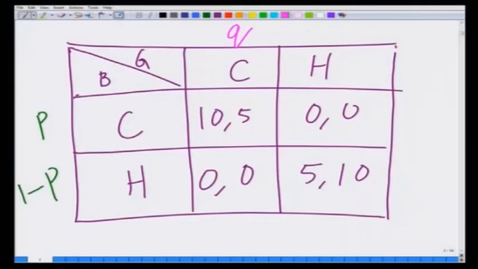Now, let the girl employ the mixed strategy q comma 1 minus q, that is she is choosing cricket fraction q of the time and Harry Potter movie fraction 1 minus q of the time. Now, let us consider different scenarios.